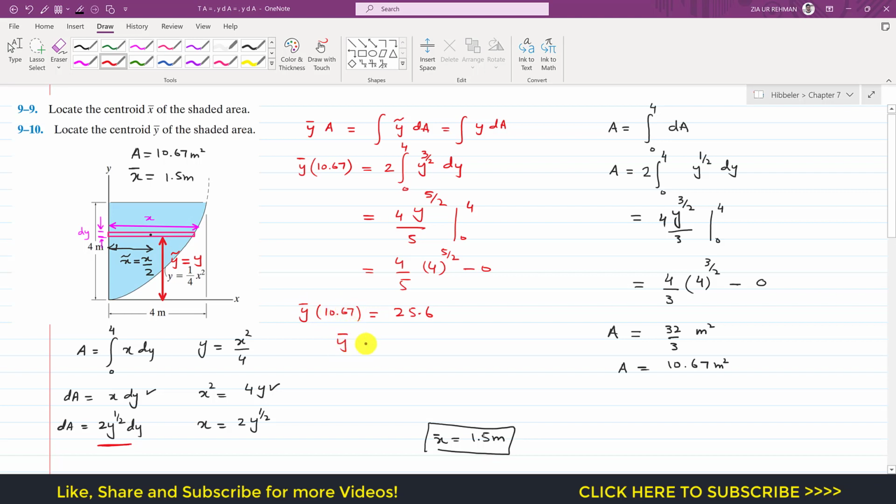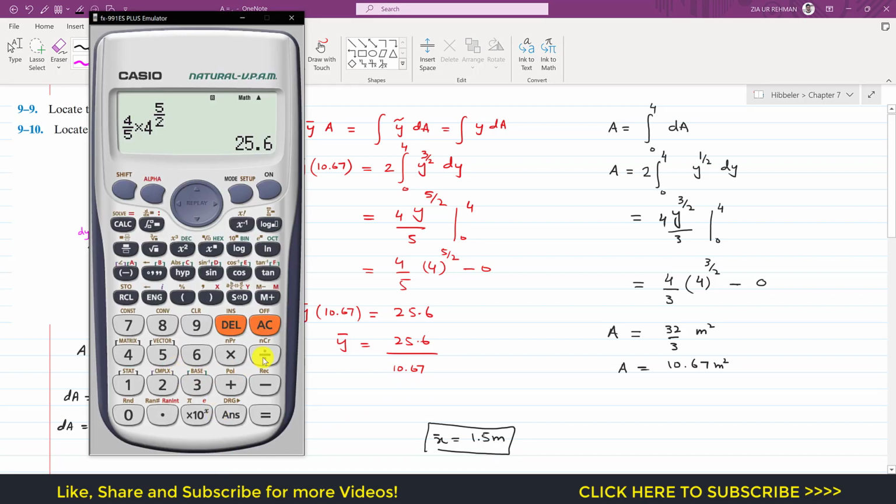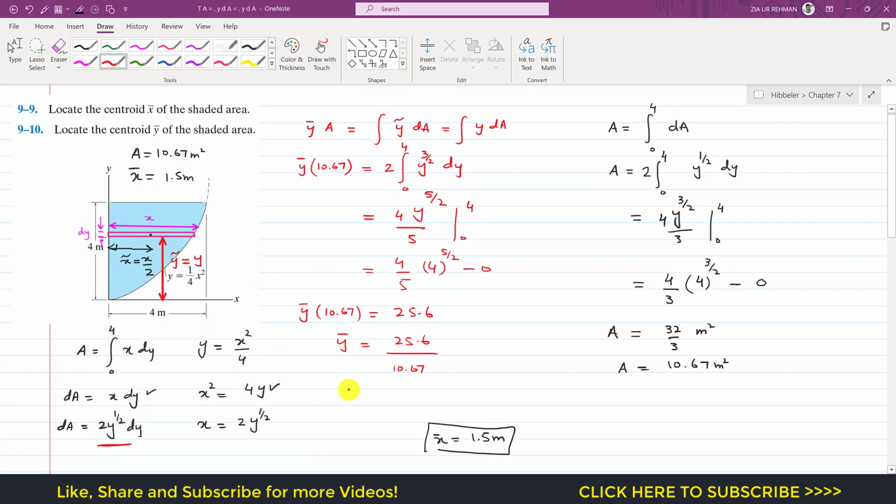So y bar equals 25.6 divided by 10.67. This gives us 2.39, or approximately 2.40. So y bar is 2.40 meters. Now we can locate the centroid of this blue shaded area.